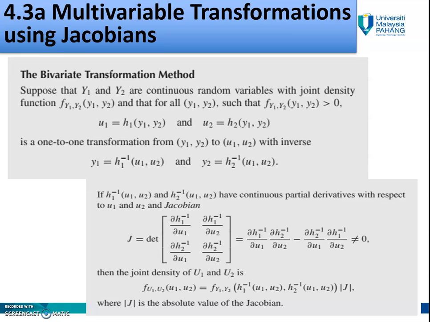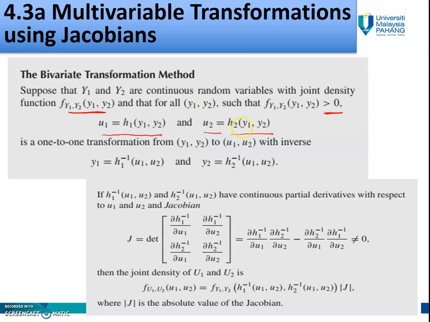Suppose that y1 and y2 are continuous random variables with a joint density function, the joint density function of y1 and y2, for all y1, y2 greater than 0. Then u1 is a certain function and u2 is a certain function.